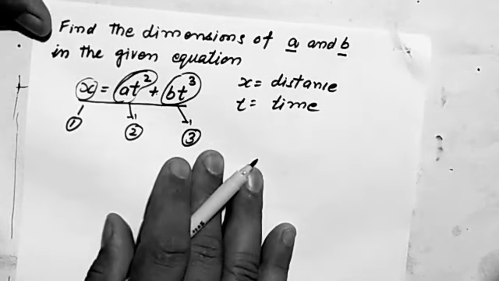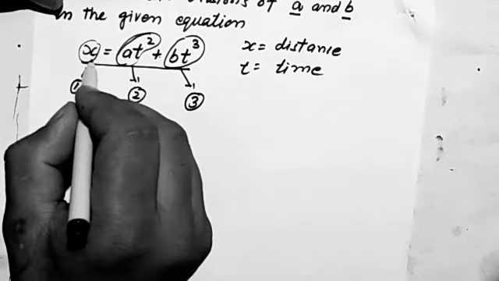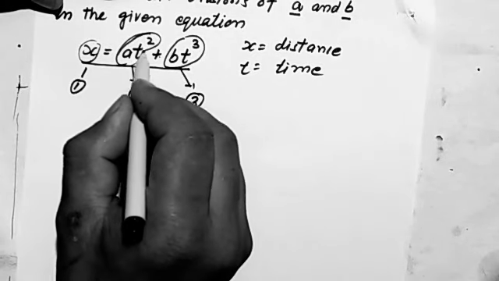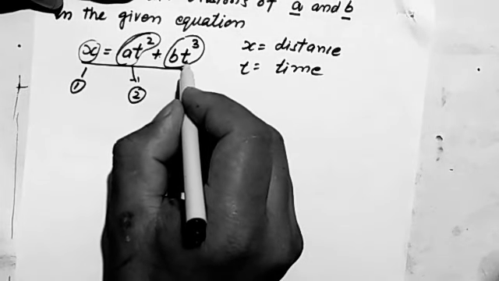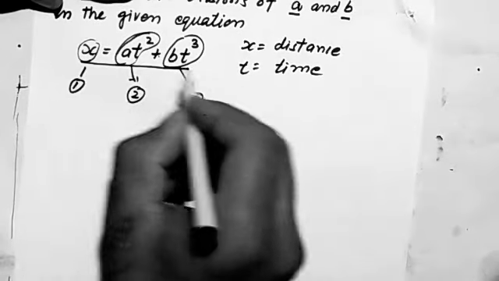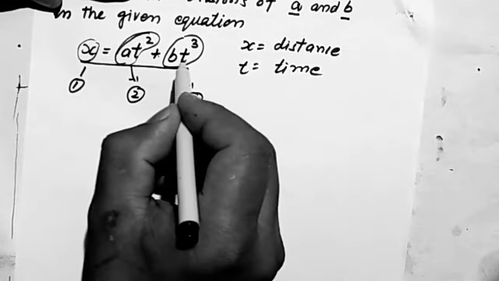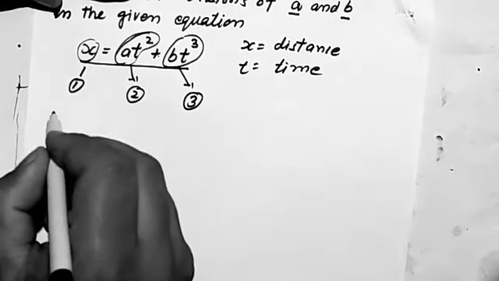So from the principle of homogeneity, dimensions of x should be equal to dimensions of At square, and dimensions of At square should be equal to dimensions of Bt cube. That means in an equation, dimensions of all terms should be the same, right? So we simply write it.